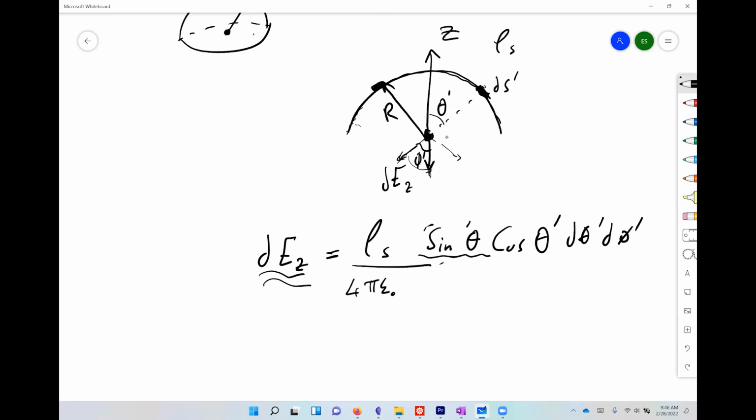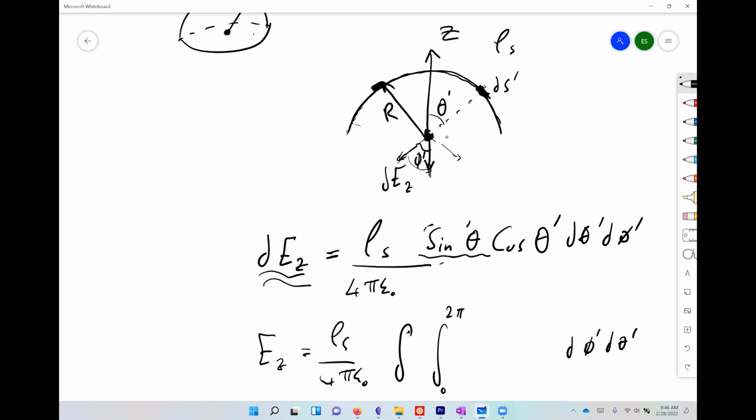And then we have to find the total field. We have to integrate this. This is a hemisphere, so I put d phi prime, d theta prime. I'm integrating d phi from 0 to 2 pi.